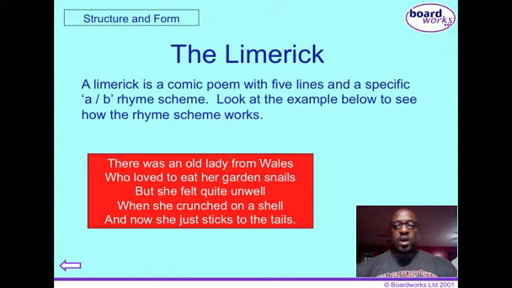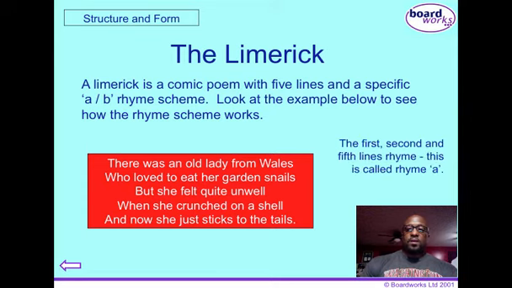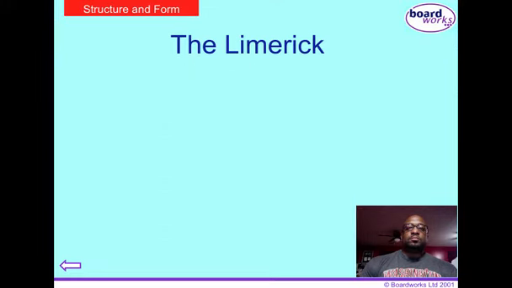But she felt quite unwell, a B line rhyme scheme, when she crunched on a shell, B, and now she sticks to the tails, A. So it follows an A-A-B-B-A rhyme scheme. So there it is. This is letter A rhyme, another A, and all 3 of these lines rhyme. And then you have the 3rd and 4th line, which is your B lines.